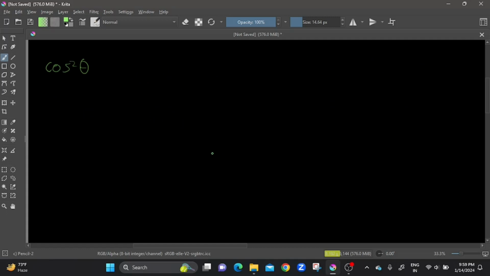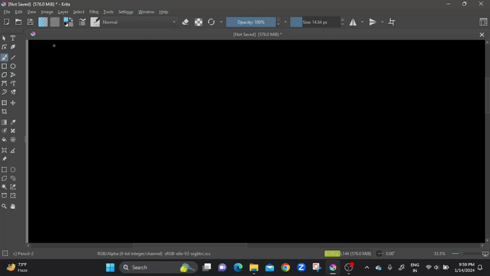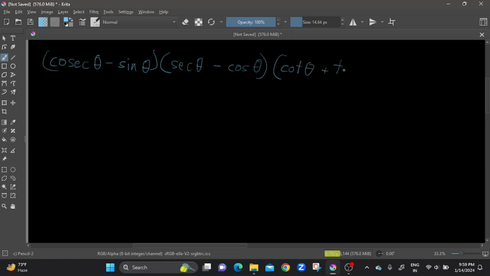Now the next one is definitely trickier and most certainly longer, but not to worry, it's still pretty easy comparatively. So it's basically going to be cosec theta minus sine theta times sec theta minus cos theta times cot theta, this time plus tan theta, is equal to 1.